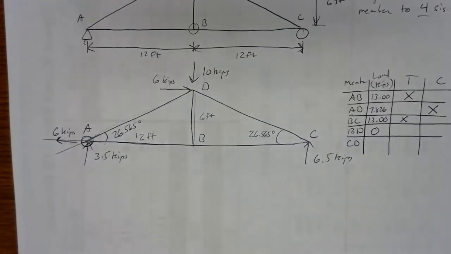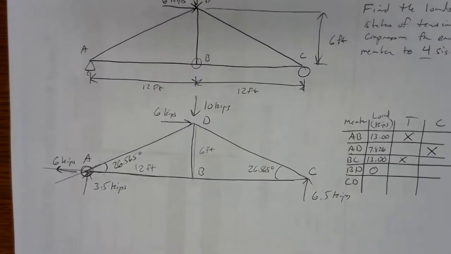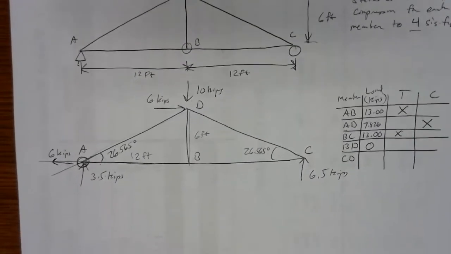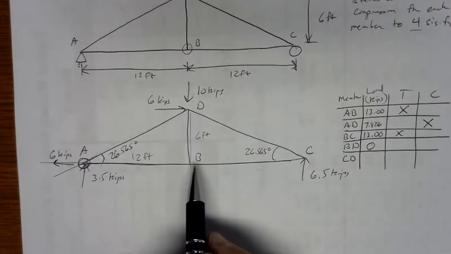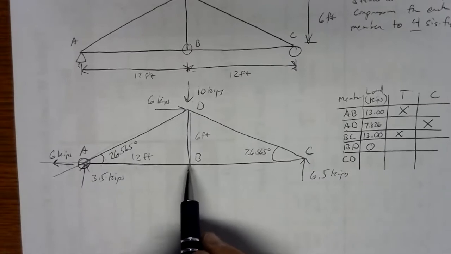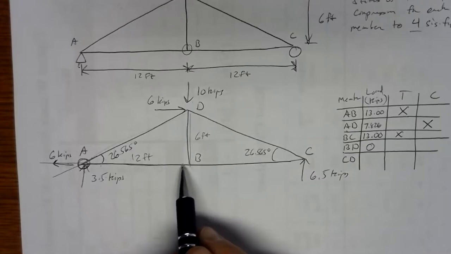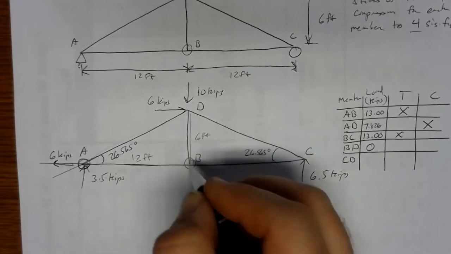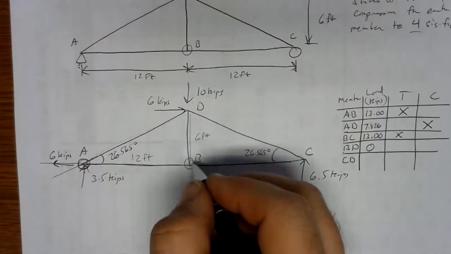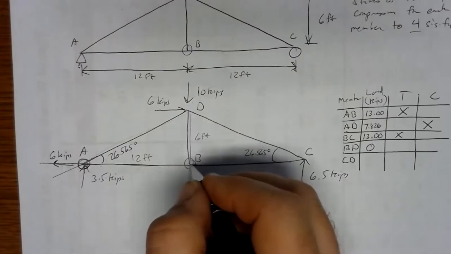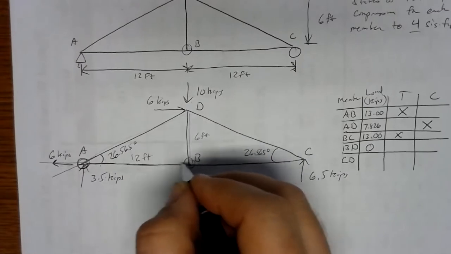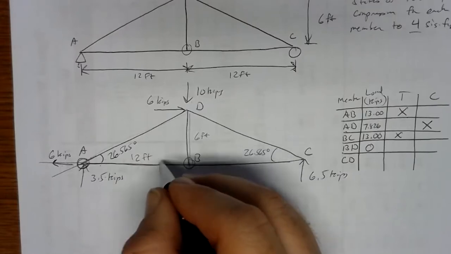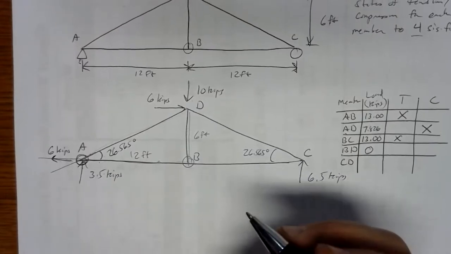So let's look at the kind of mystery here. Why is BD unloaded? Well, when you're working with the joints, all that matters is what connects to those joints. And if you look at member BD's connection here, all you've got is the connection here at the top, BD's force, and then you've got these other two, the AB and BC.